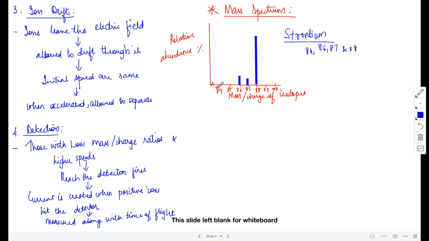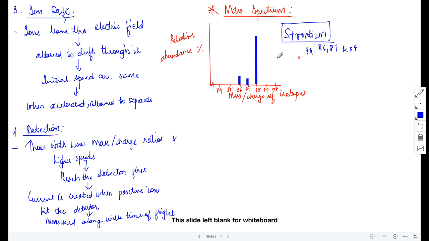That is the reason I have drawn this. What element am I talking about? Strontium. There are 4 different isotopes of different mass: 84, 86, 87, and 88.